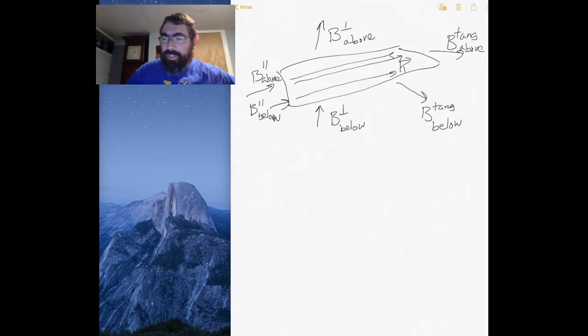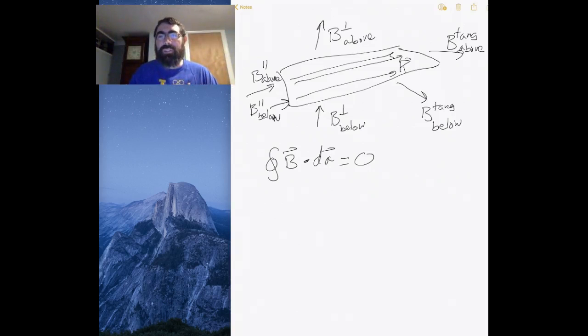Now if I look at the total flux of the magnetic field across the area, if it's a closed surface, then that should be 0. So the amount of magnetic field entering should be equal to the magnetic field exiting through a closed surface.